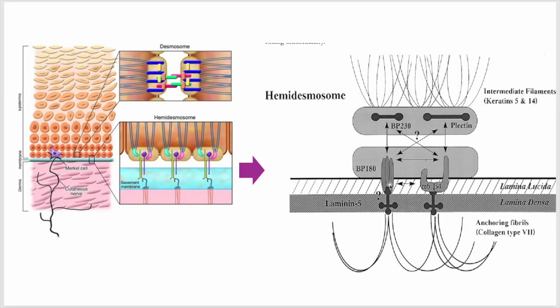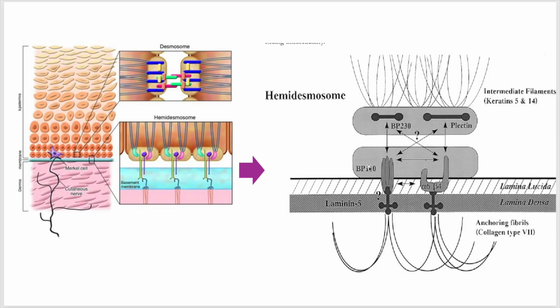The keratin intermediate filaments, which typically are keratin 5 and keratin 14, connect to proteins such as BP230 as well as BP180.